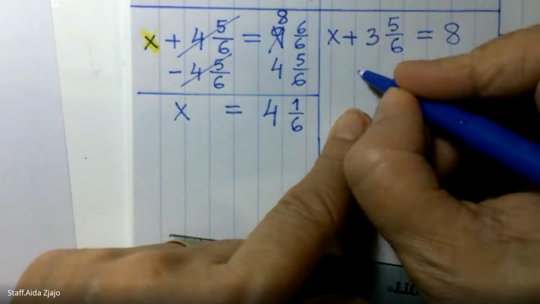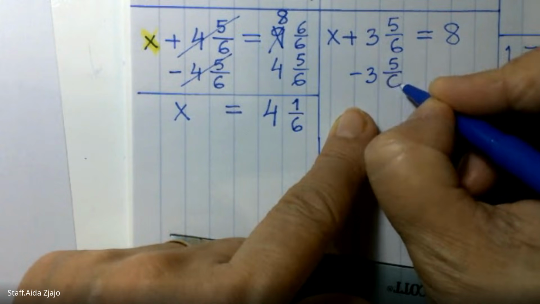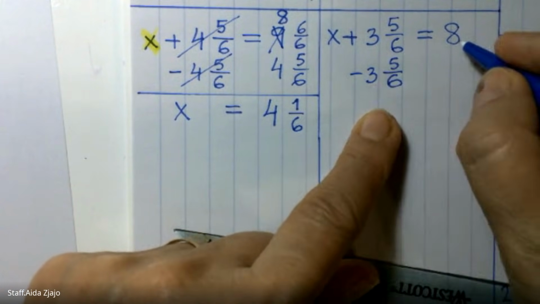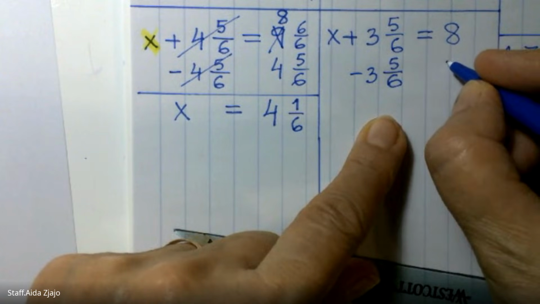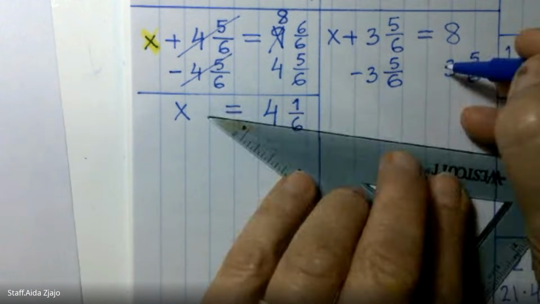We have minus 3 wholes and 5/6 on one side, and the other side also 3 wholes and 5/6. Subtract.